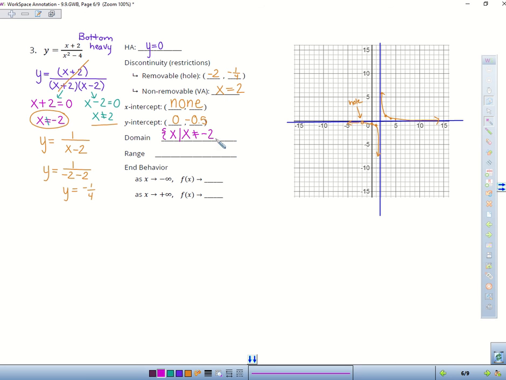X cannot be negative 2, and X can also not be positive 2. Because that's my vertical asymptote and my hole. You see that? And then Y can be anything except for what? Negative 1/4. And also 0.